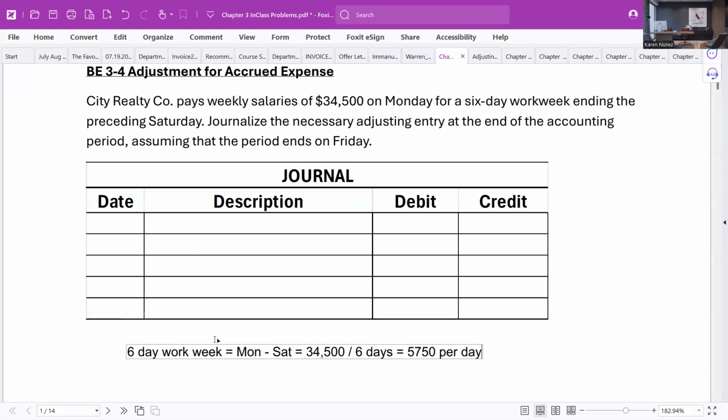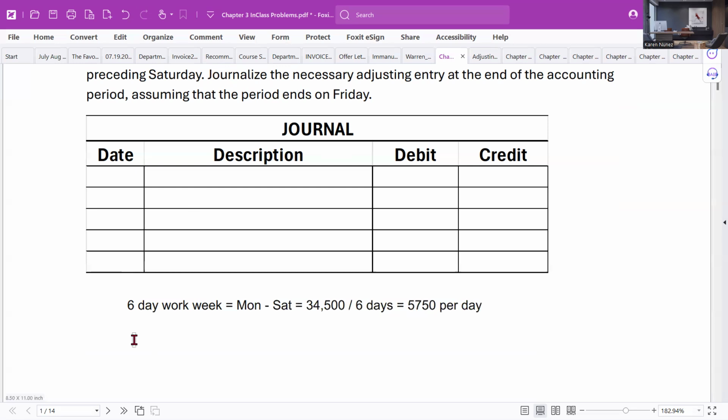So actually what we have, right? We've got to accrue an expense for Monday through Friday, right? Which is not 6 days, but 5 days, right? We need 5 days, Monday through Friday.